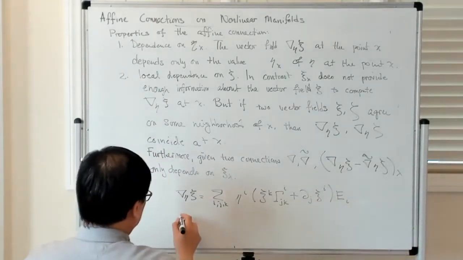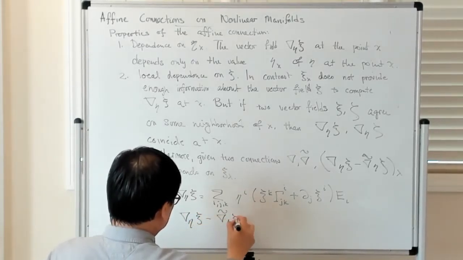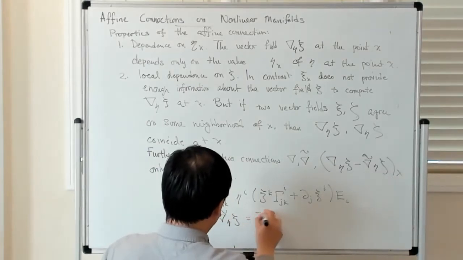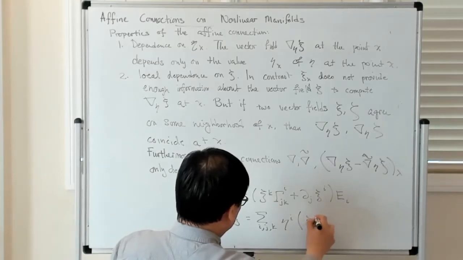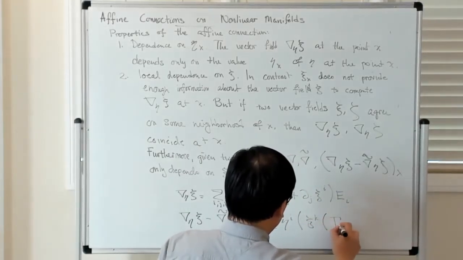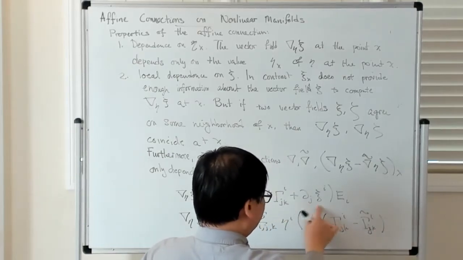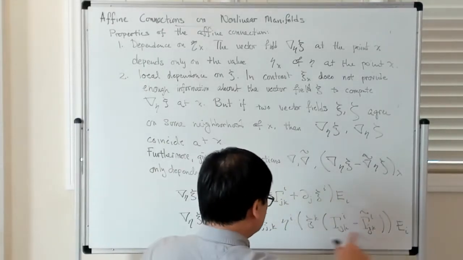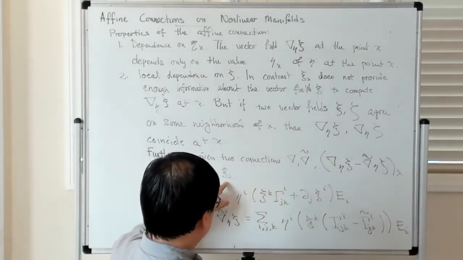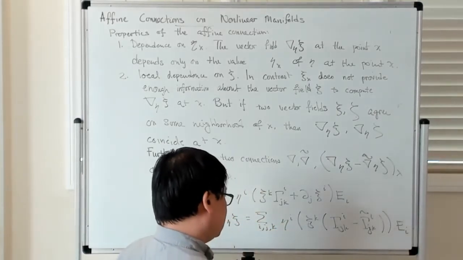If you take this difference, then you get the sum over ijk, and then gamma jki minus gamma jki tilde, and this term cancels out. And now you have something which only depends pointwise on the vector field.